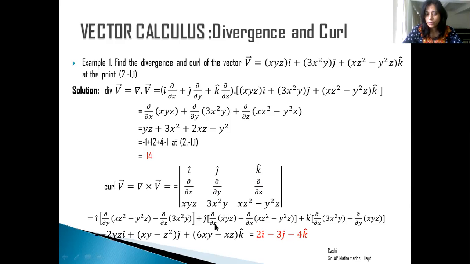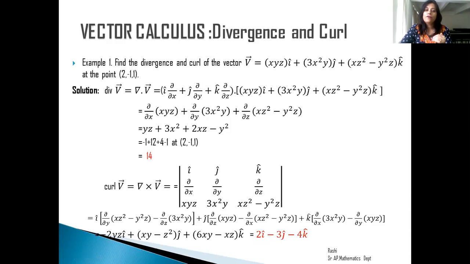When you are doing for j, I will take either the negative sign outside, or inside I will swap the position. So, if I am taking plus, it means del by del z of this minus del by del x of this. Then k means del by del x of this minus del by del y of this. Differentiate, and this is our curl, which is a vector. So this is how we can find out the divergence and curl.